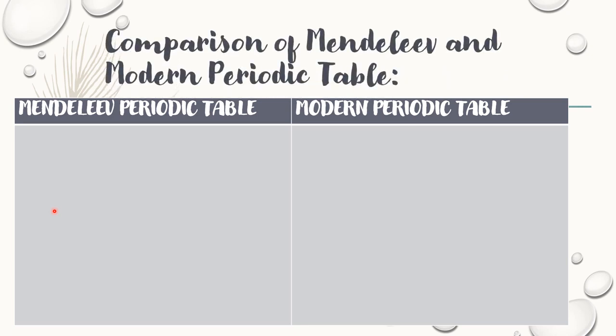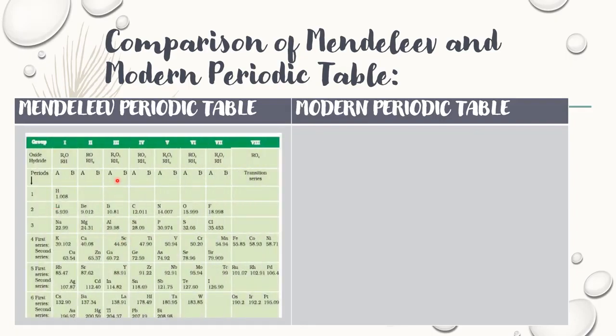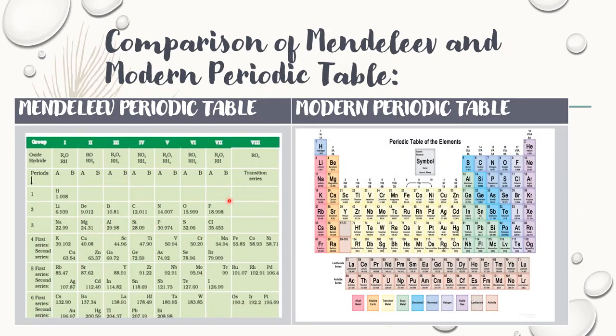Now let us compare the Mendeleev and modern periodic tables. This is the Mendeleev periodic table. This is the modern periodic table. Let us compare these two. In the Mendeleev periodic table, the elements are arranged in increasing order of atomic mass.